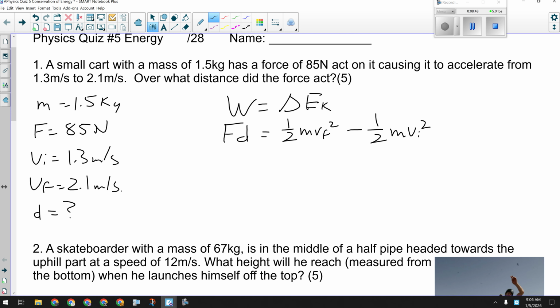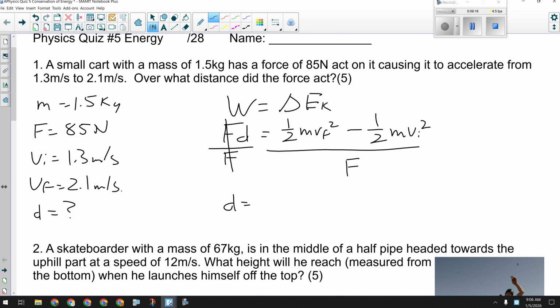Everybody okay with what I've set up there? Okay, how do I get D? I've got to move F to the other side. Right now I'm multiplying F, so to move it to the other side, I would divide both sides by F. Now all I got to do is plug in my numbers and solve.